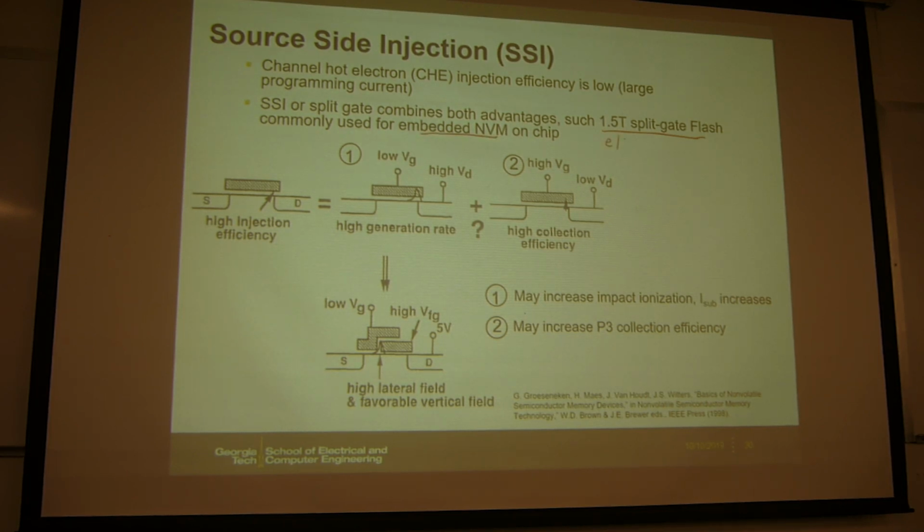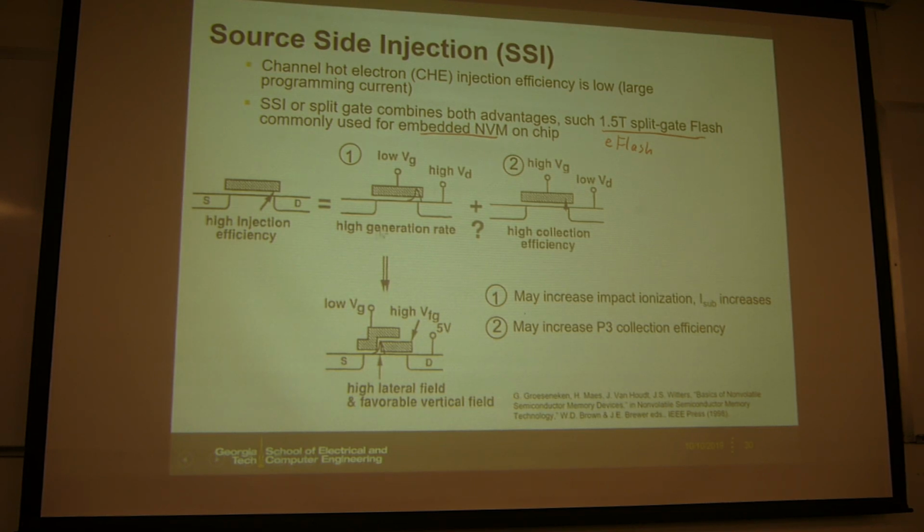This is for the eFlash, which is not the standalone memory. This one is compatible with logic, and typically you will see this kind of eFlash in products like a microcontroller. You will have this kind of eFlash to store the code. So the idea is here.